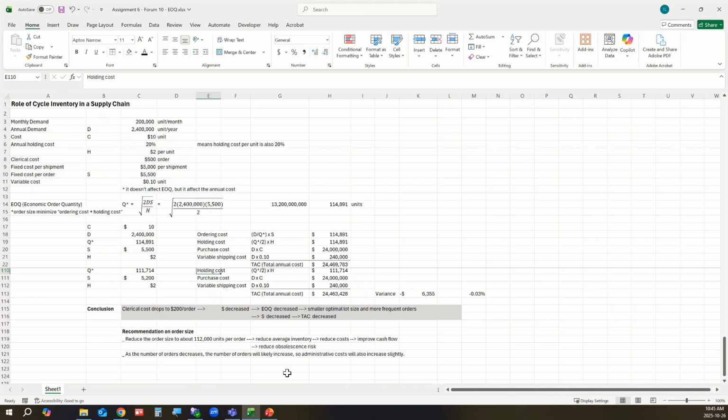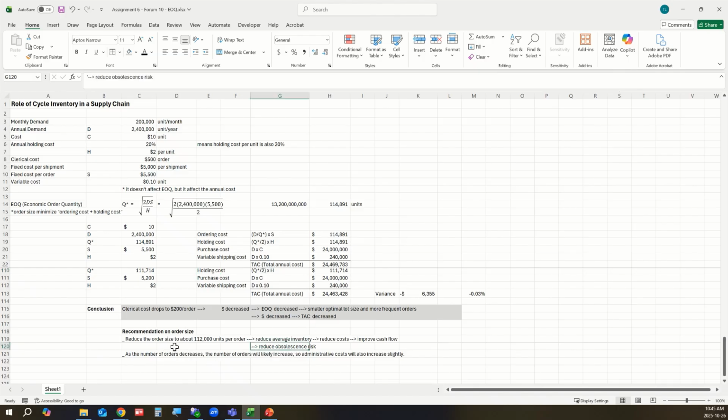So in summary, we can say when the clerical cost dropped by $300 per order, the fixed cost decreased, and the order quantity decreased. So when the order quantity decreases, we tend to increase the number of times we order.